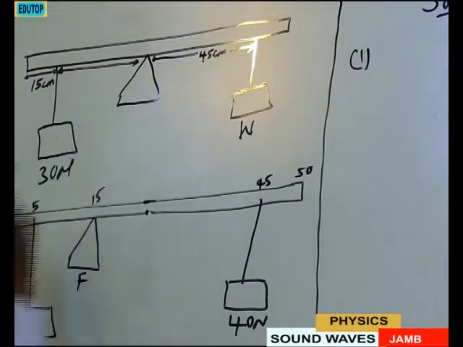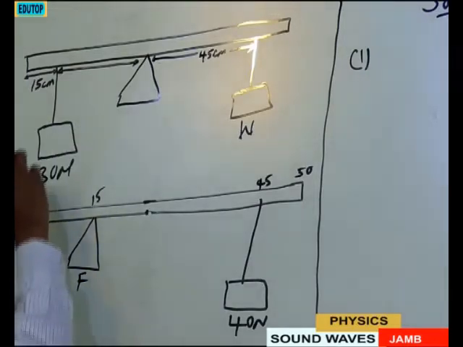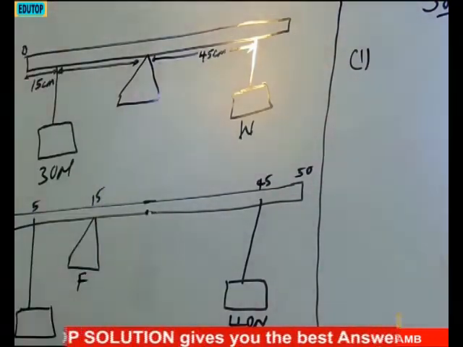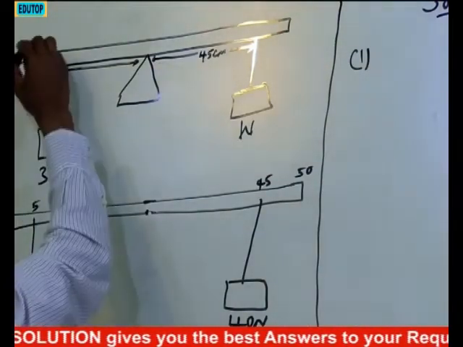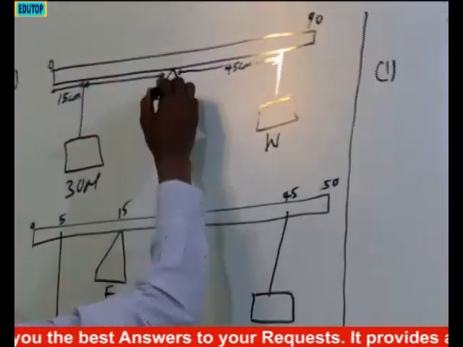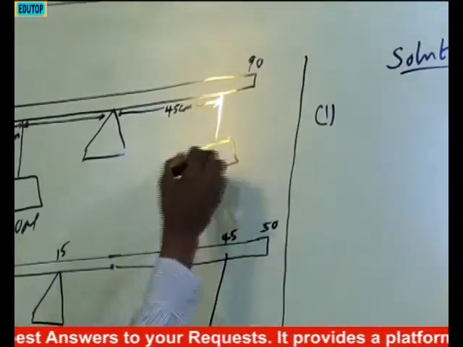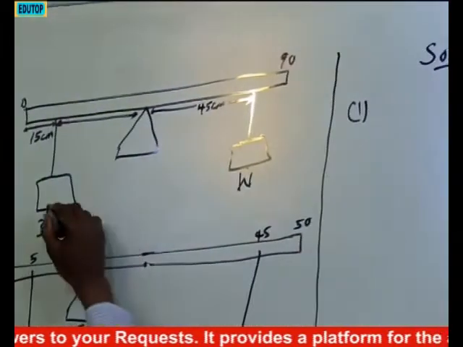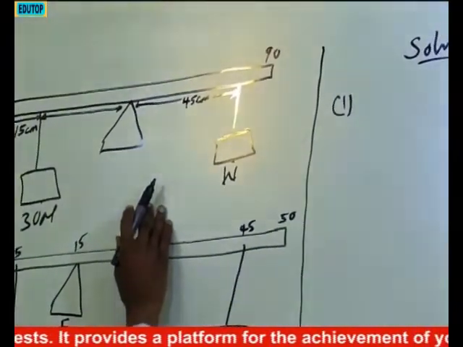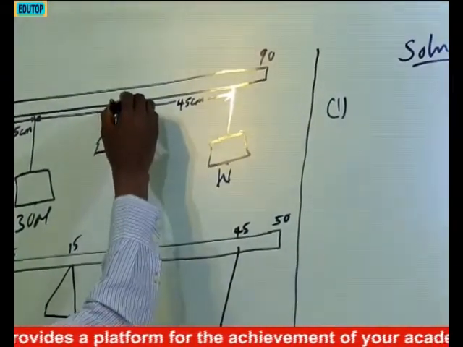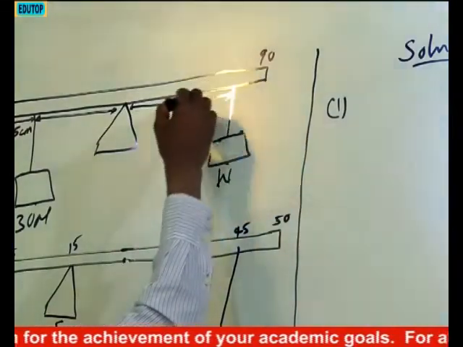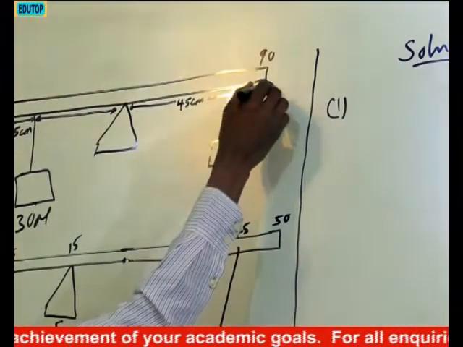We have the diagram here. This is our uniform lever. The total length is 90 centimeter, 0 to 90. And then it is being pivoted at the center. We have two loads that hang on this uniform lever. From this pivot to this side is 45 centimeter.